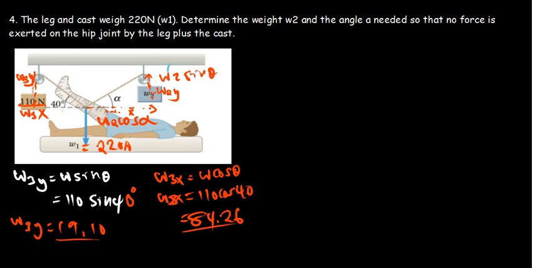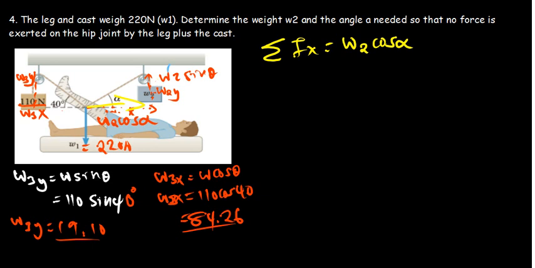So now the forces acting on that object, let's start with the forces in the x direction. Since it is not moving, we don't have acceleration, so the net force is going to be 0. We have this force going in this direction, so it's positive, and that one is W2 cos alpha.